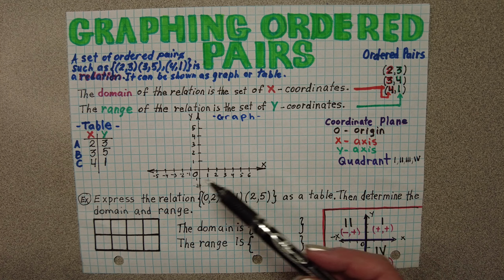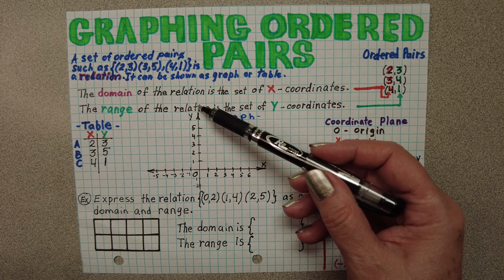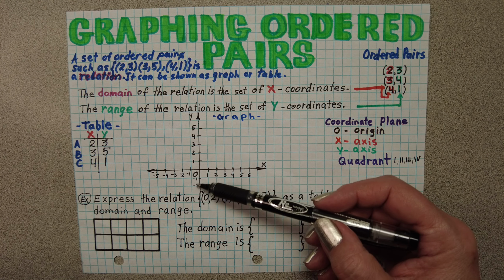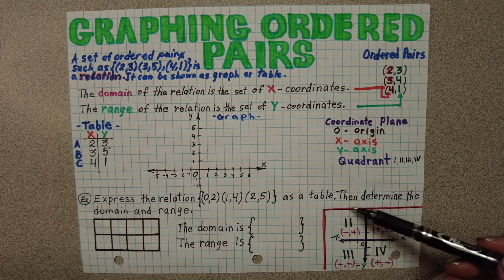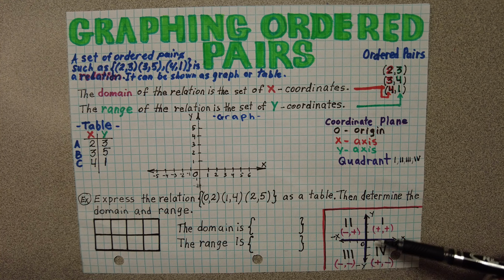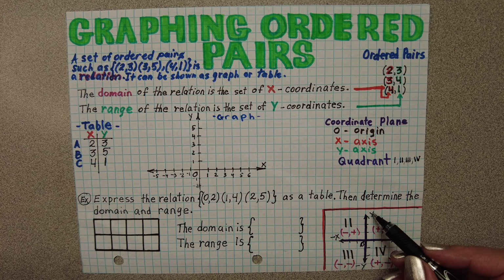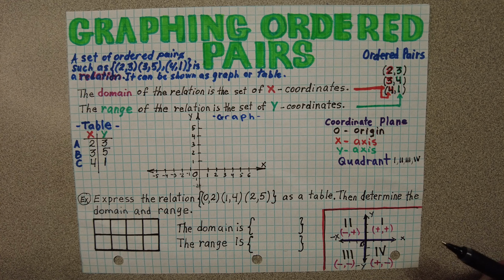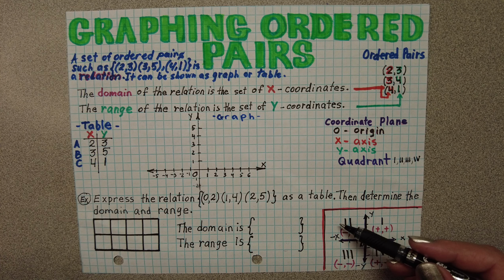X has a positive side and a negative side, and y also has this way positive, the down is negative. So this was origin, this is x positive, x negative, and y positive, y negative. And it has 4 quadrants.